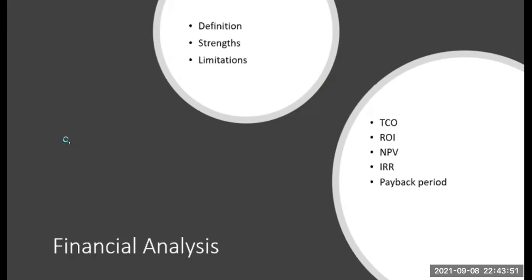For example, we looked at the value that each feature is delivering. We use value as one of the parameters for prioritization, correct? So value is nothing but return on investment. ROI is a way you can calculate value, or NPV, the net present value, is a way of calculating value.